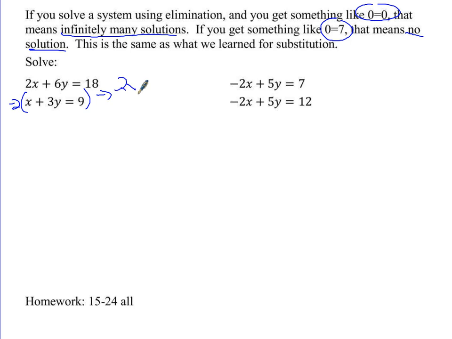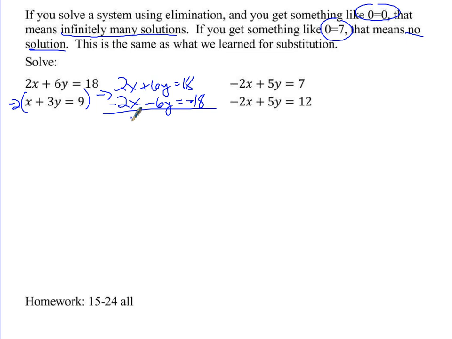I didn't do anything to the top equation. What does the bottom equation become? -2x minus 6y equals -18. So we made opposites, and now we add.